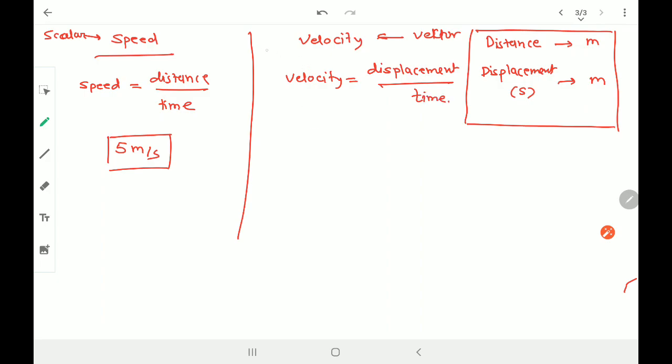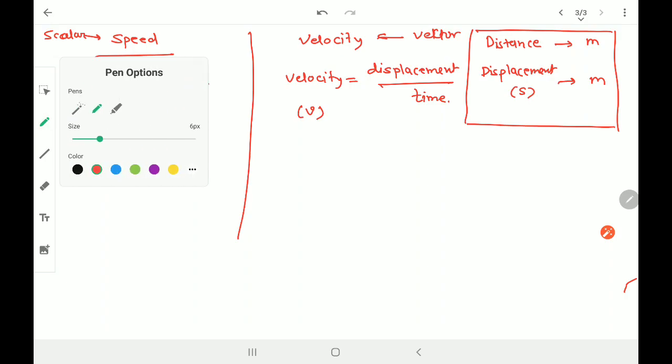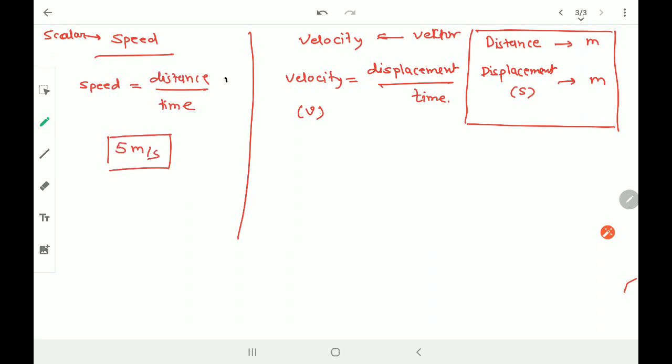The symbol for velocity is small v. Let us talk about the unit. Very important, simple, not very difficult. Distance is measured in meter. Time is measured in seconds. So your unit for speed is meter per second, and the same for velocity.